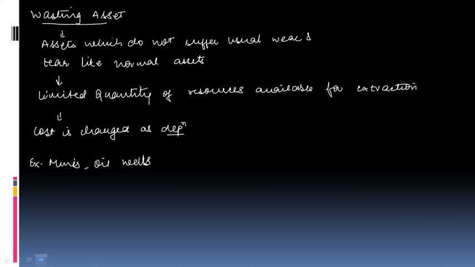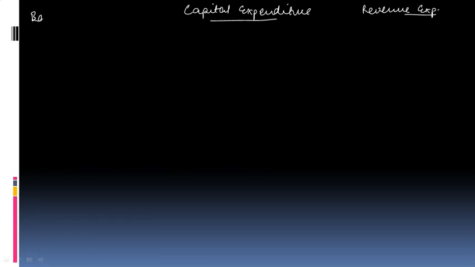Now moving on to the next topic. This is going to be a difference between, please pause. Right, this is going to be a difference between capital expenditure and the next one, revenue expenditure. Right?